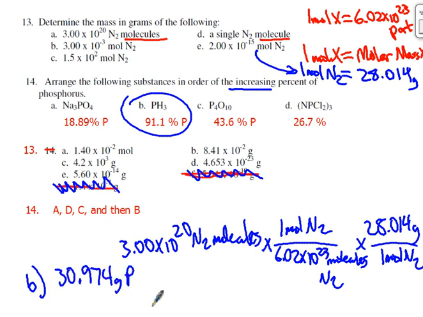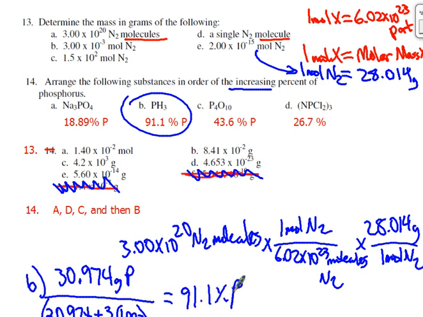It's the mass of phosphorus, and divided it by the total mass of phosphorus and 3 hydrogens. 30.974 plus 3 times 1.0079. And that's where I got that percentage of about 91.1%.